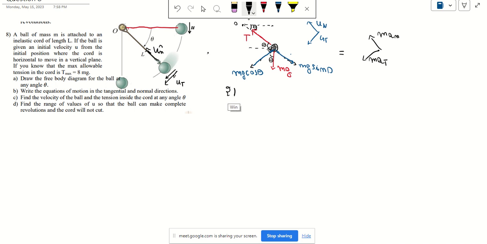So we'll start with summation Ft, and Ft will give us that mg cosine theta is equal to m at, and this is equal to m v over r dv by d theta.